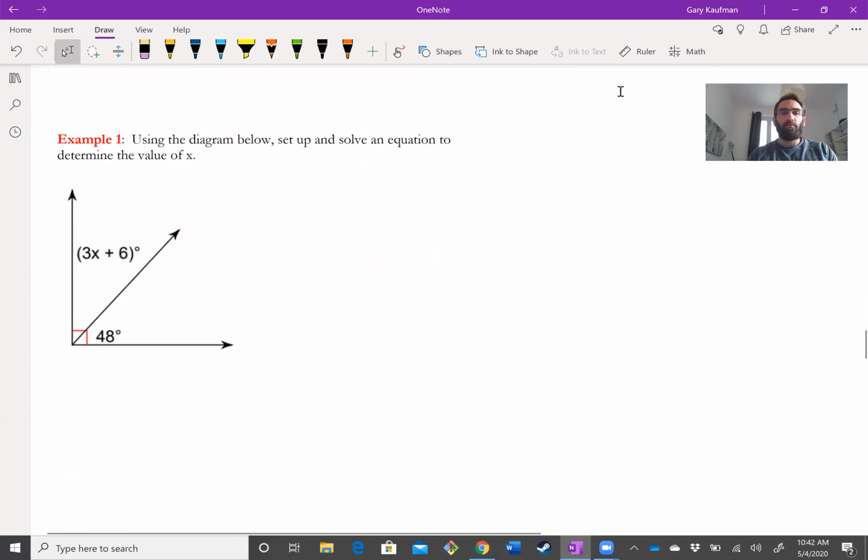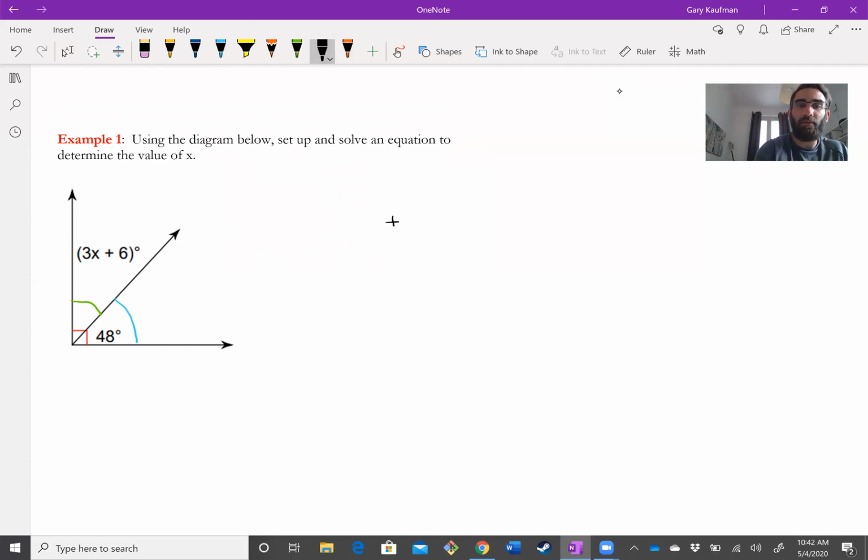So we are looking here. Now we're not asked to find the angle measurement, we're asked to find X. Because of that red box, I know that these two angles, green and blue, are complementary. So they add up to 90.